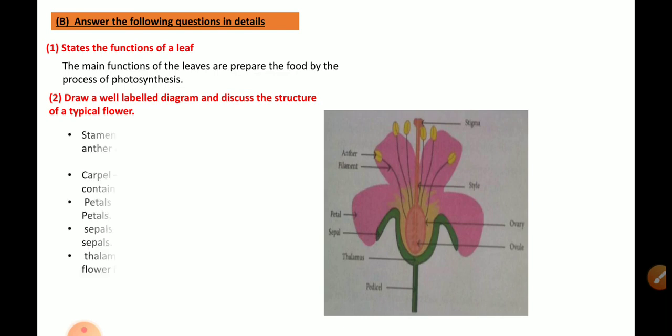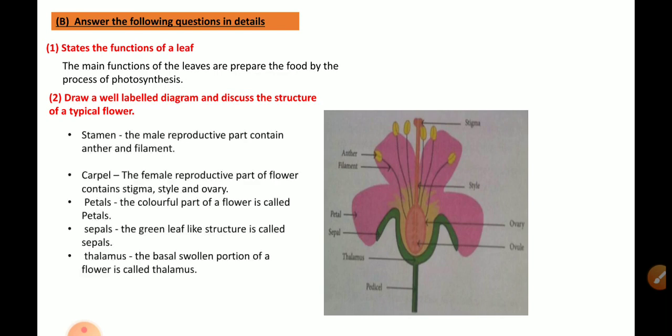Then stamen, the male reproductive part, contains anther and filament. Next is carpel, the female reproductive part of a flower, which contains stigma, style and ovary. Petals means the colorful part of a flower.